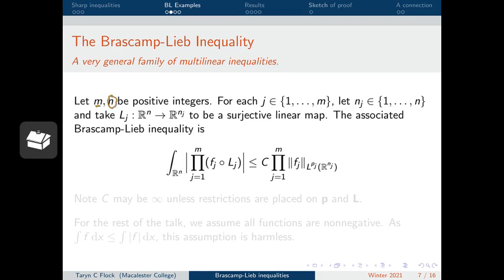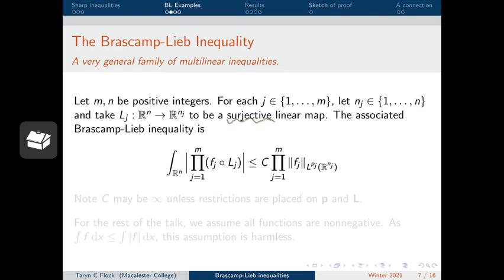And for each function, I'm going to have a linear map that I compose the function with. This linear map needs to be surjective. If it's not, the story sort of falls apart and isn't interesting.